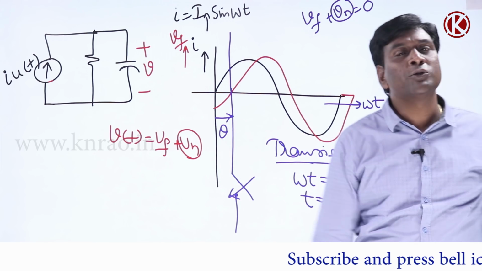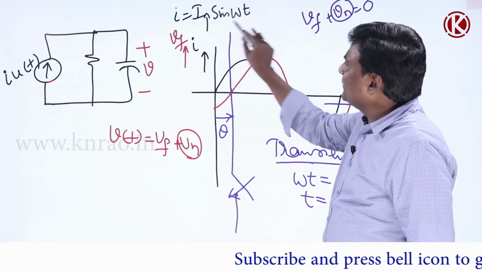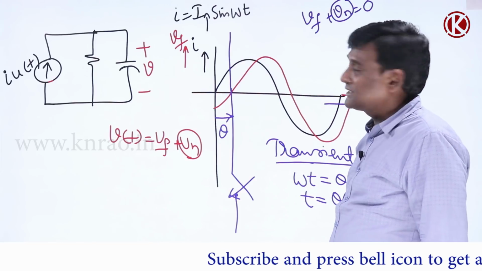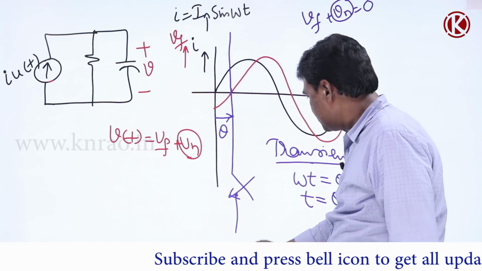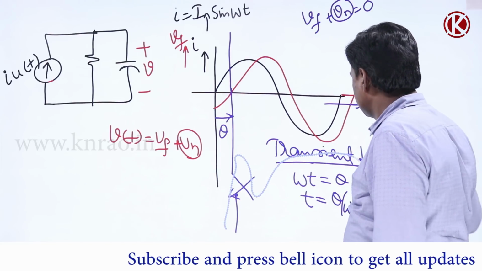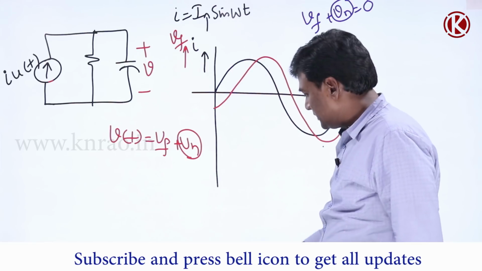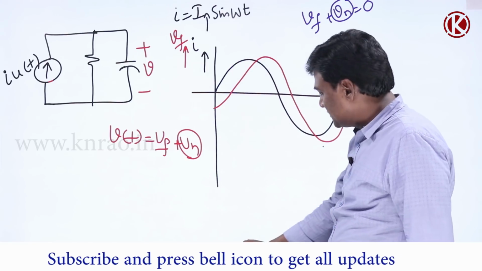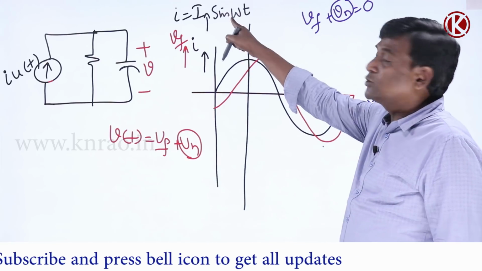The same thing will proceed here. For example, if they give you Imax cos omega t, we are going to take the reference from here, cos omega t.